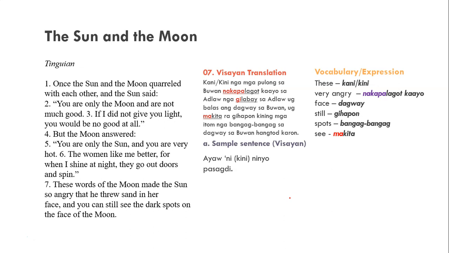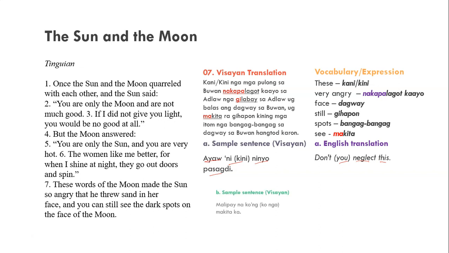Ninyo pasagdi. Ayaw ni ninyo pasagdi means don't you neglect this, or you can say don't neglect this. Don't is ayaw. Ayaw ninyo is you, and pasagdi is neglect, and this is kini or ni, and we always use the contracted form which is ni.